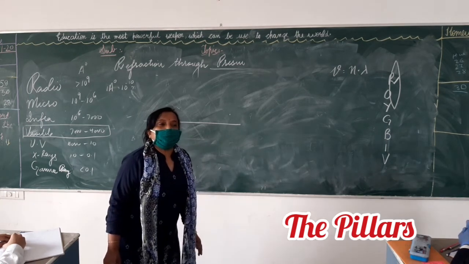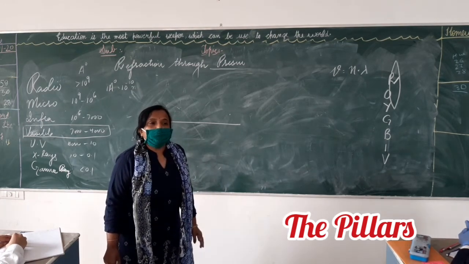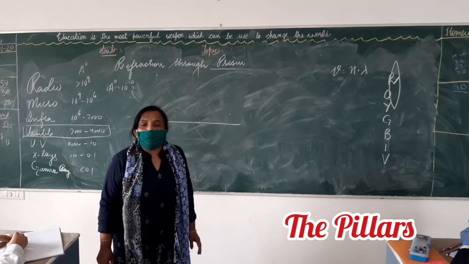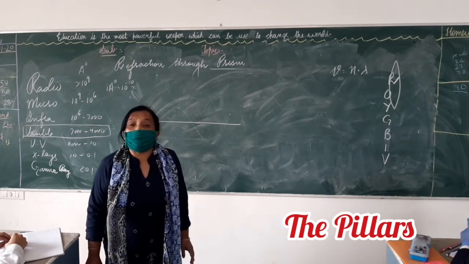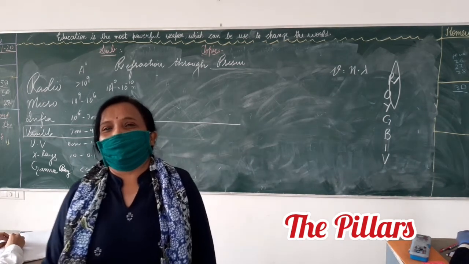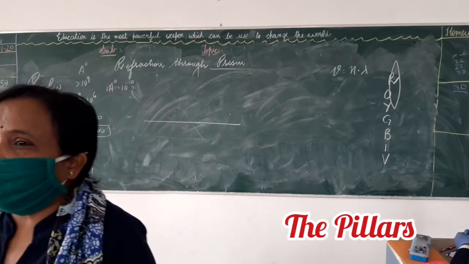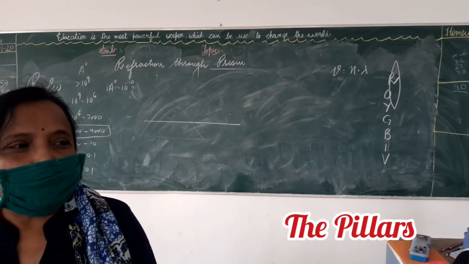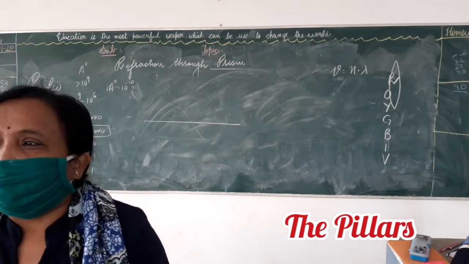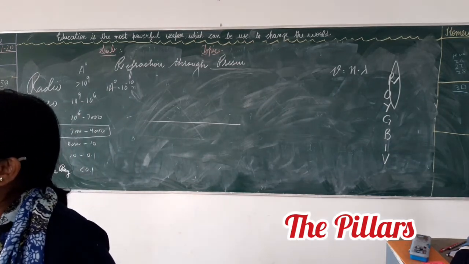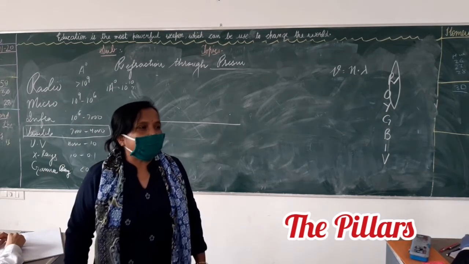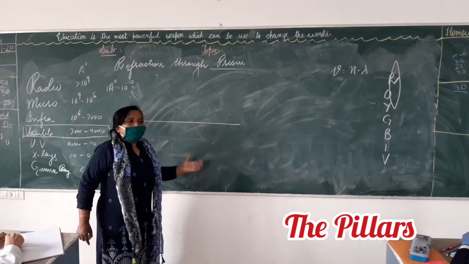All the definitions are wrong unless and until you say when light rays travel from denser to rarer medium. Understand? Whatever definition you are giving is wrong. What is mandatory here?